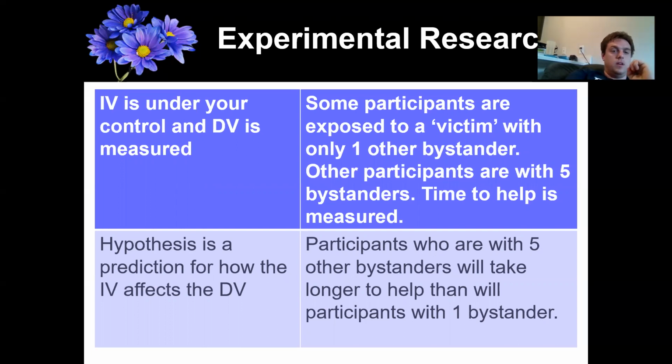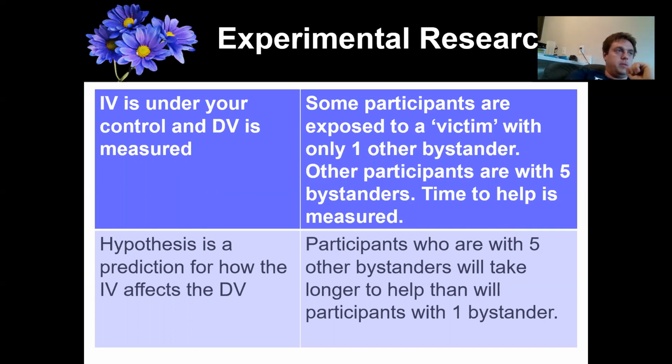Okay. Just another thing here, when you make a hypothesis about an experiment as opposed to a correlation, it's actually a little different because now you hypothesize what the difference will be, what the mean difference will be.